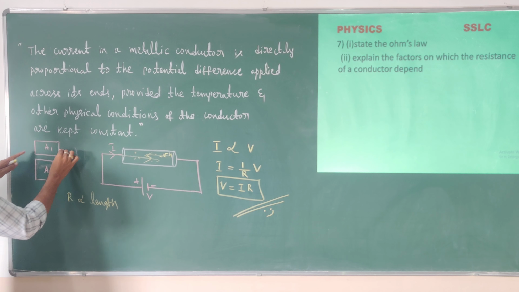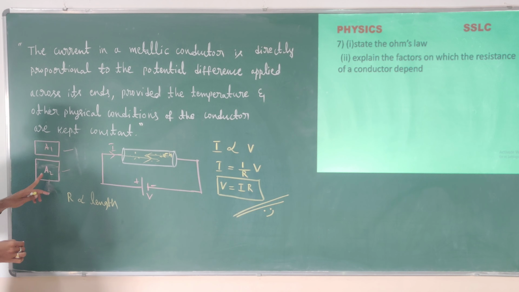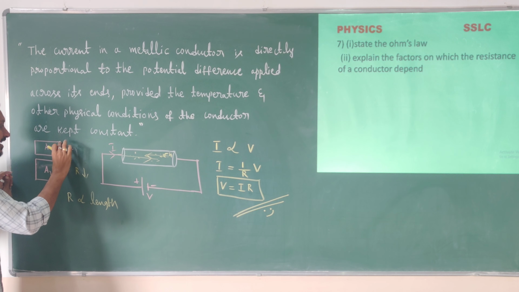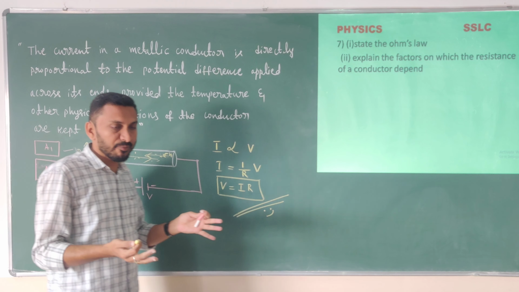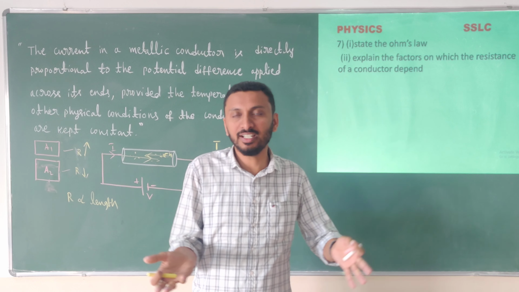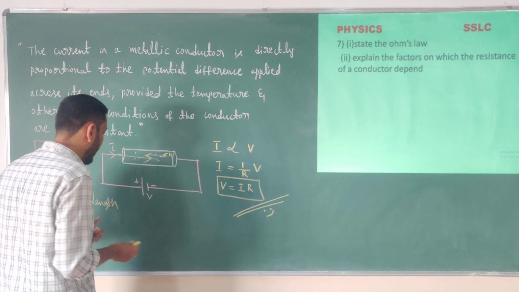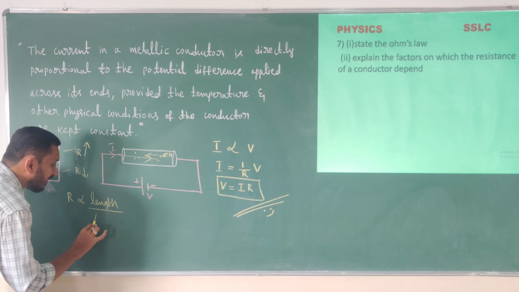The resistance in the first conductor is more compared to the second, which means resistance is inversely proportional to area. The more the area, the lesser the resistance; if the area is less, then resistance will be more. If you have enough space, resistance will automatically be less.